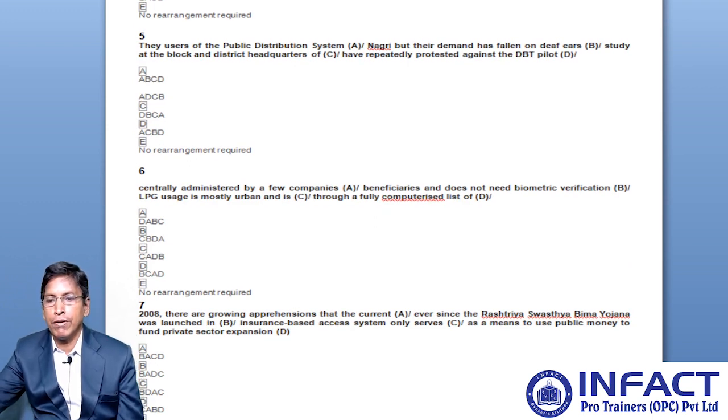They users of the public distribution system agree, but their demand has fallen on deaf ears. Study at the block and district headquarters have repeatedly protested against the DBT pilot. So what could be the option or the sequence? Is it ABCD or ADCB or DBCA or ACBD, or no rearrangement is required?